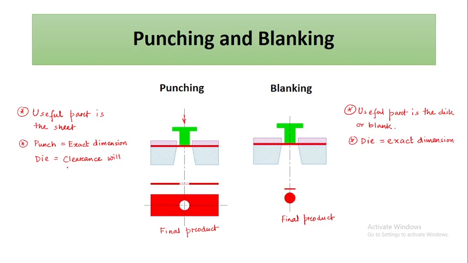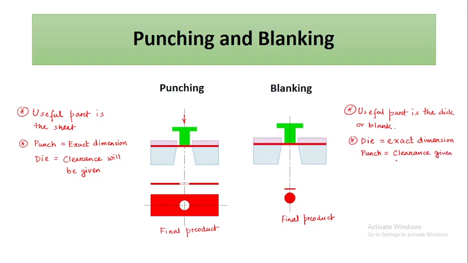Clearance will be given on the die during the punching operation. But in case of blanking operation, just the opposite thing. In the blanking operation, we will give clearance on the punch.